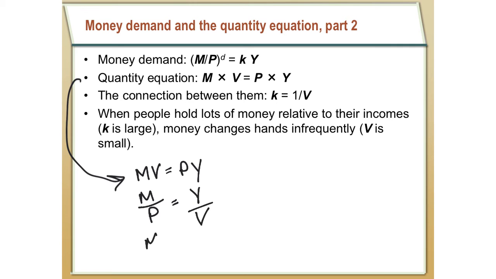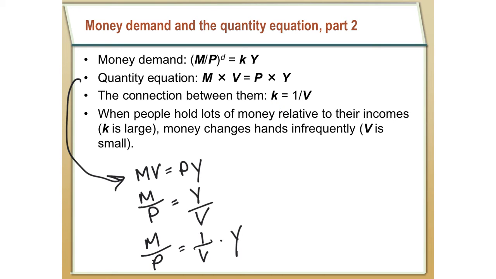This is the same thing as saying M over P is equal to 1 over V times Y. Now if we compare this expression to our money demand, we can see that 1 over V is equivalent to k. And that's where this connection that the textbook talks about comes from.